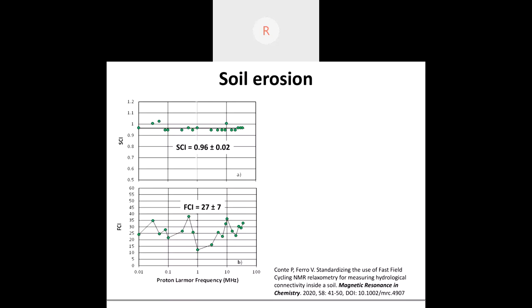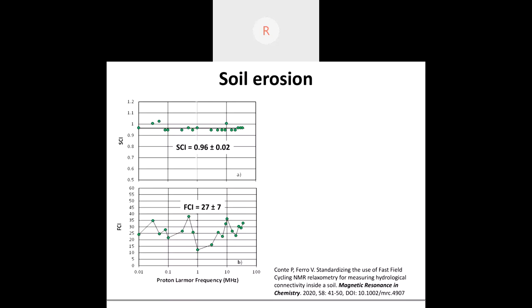There is a wider scatter in the functional connectivity index as compared to the structural connectivity index. And this larger scatter is probably due to the assumption that we have considered in measuring the functional connectivity index.